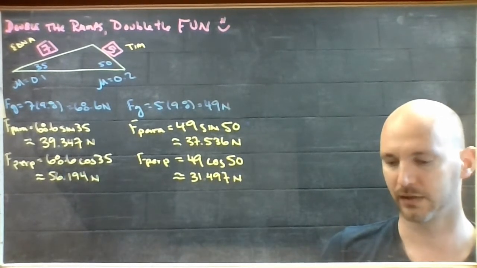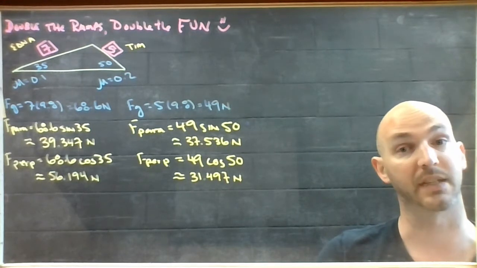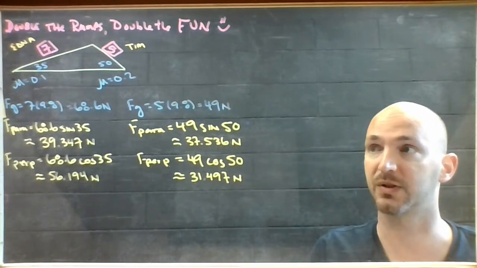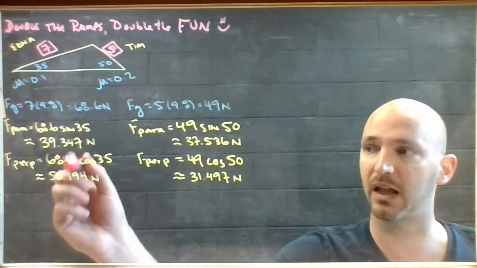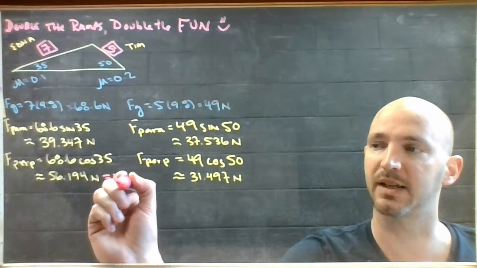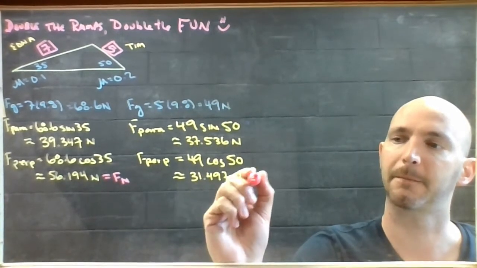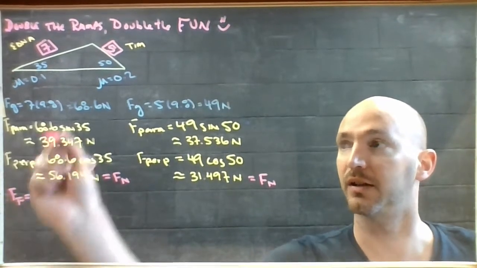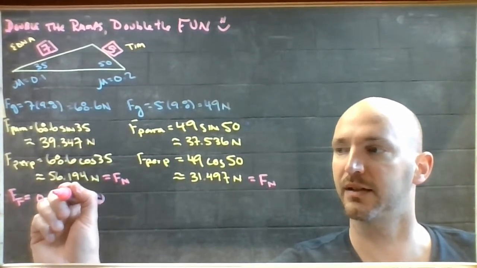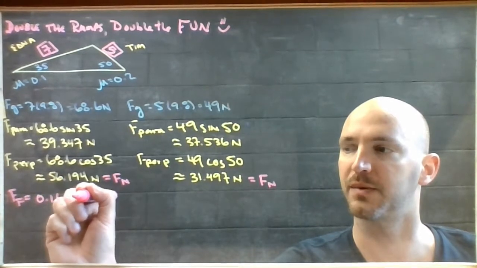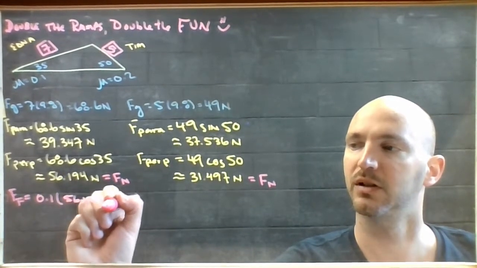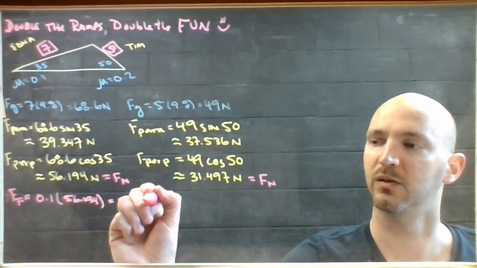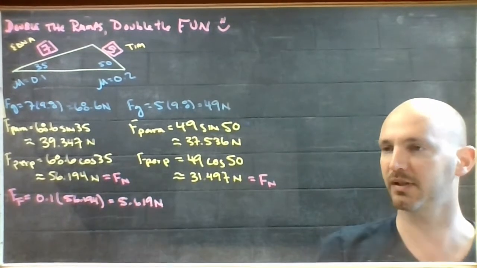All right. And just like in all the other examples, to do the force of friction, I need to know the normal force, and the normal force happens to be balanced by the perpendicular one, so that's how big the normal force is. Which lets me do my friction force. For Edna, it would be Edna's coefficient, 0.1 times 56.194, which gives me 5.619 if I round to 3 decimal points.